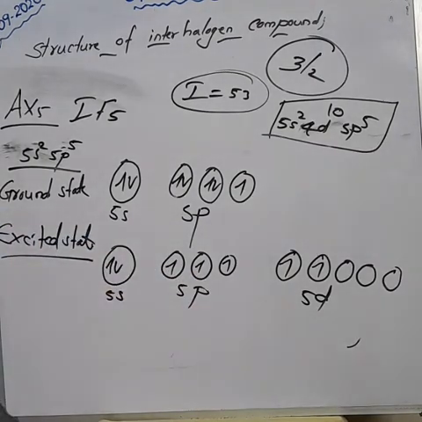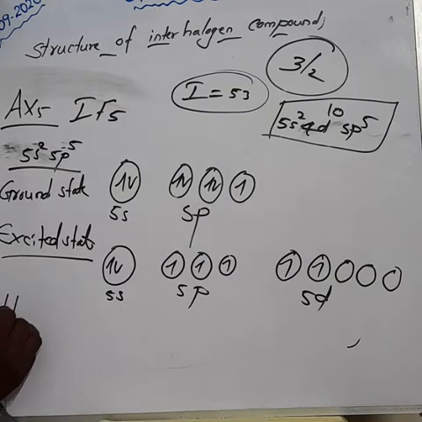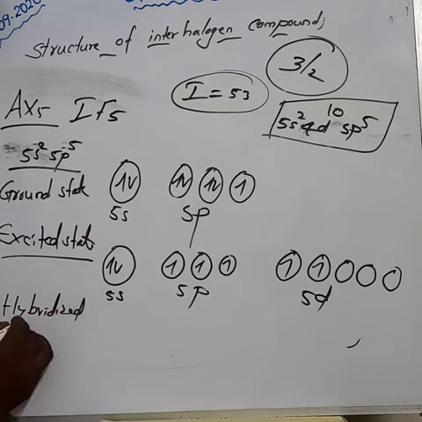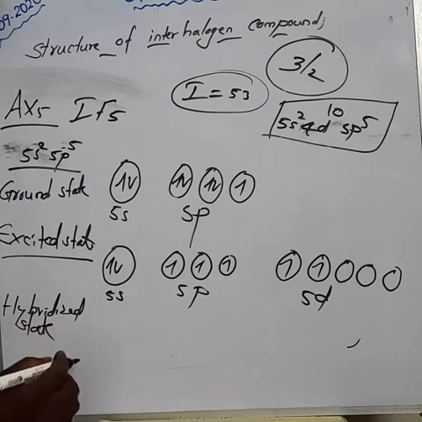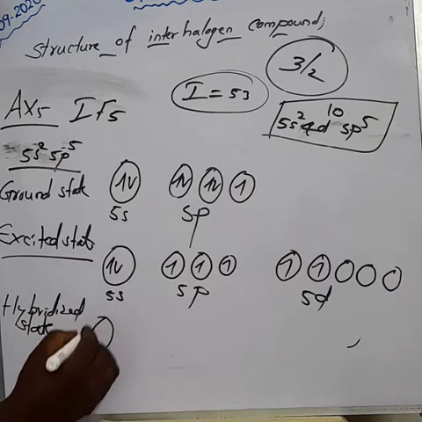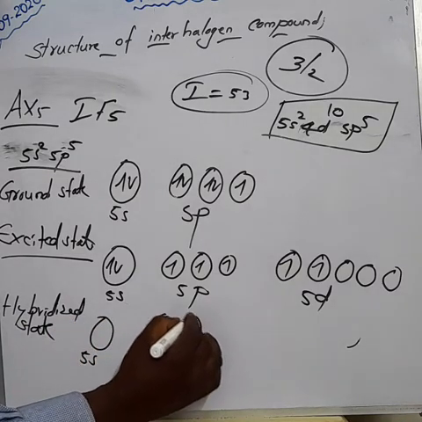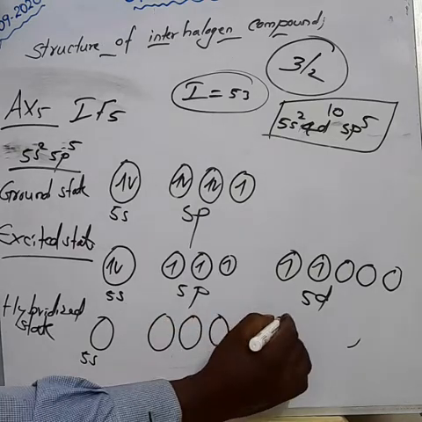Next is the hybridized state. Which state? Hybridized. Okay. 5s, 5p, and 5d.